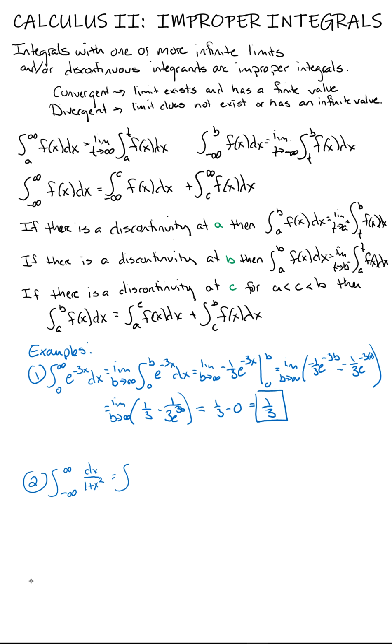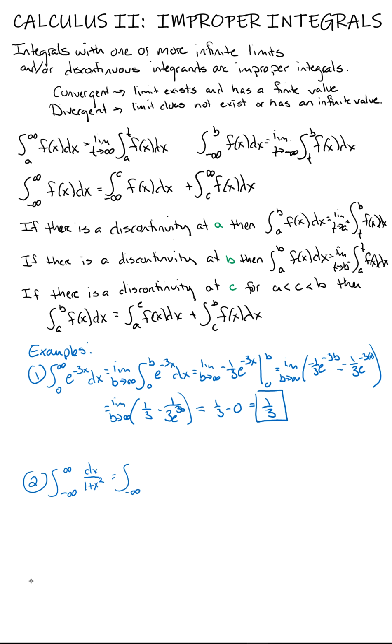All right, let's take a look here at example 2. We're going to integrate from negative infinity to positive infinity of dx over 1 plus x squared. First thing I want to do is to write this as two separate integrals, one going from negative infinity up to some number.